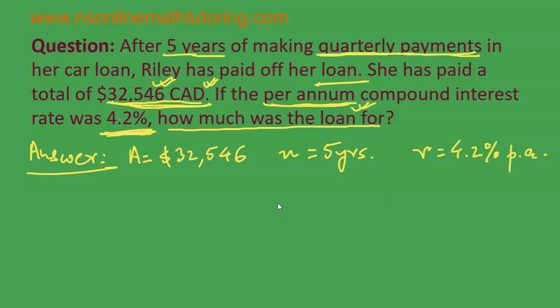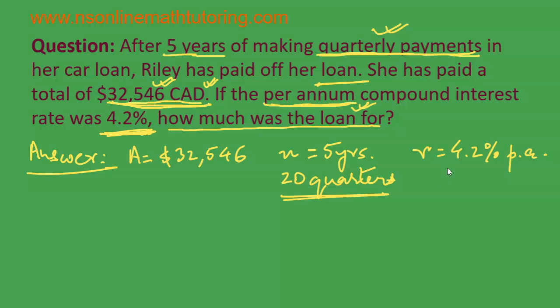And since she is making quarterly payments, how many quarters will be there in 5 years? There are 4 quarters in a single year. So in 5 years, there should be 5 times 4, that is 20 quarters. So this is the time period, 20 quarters.